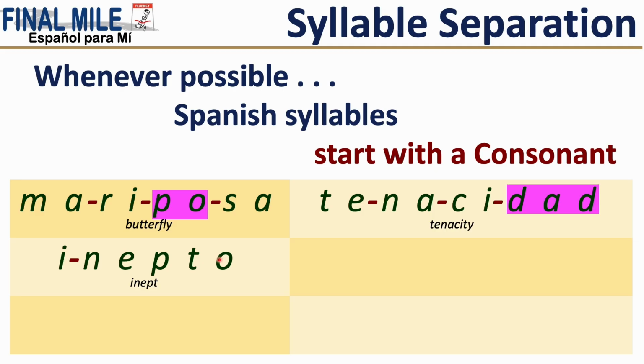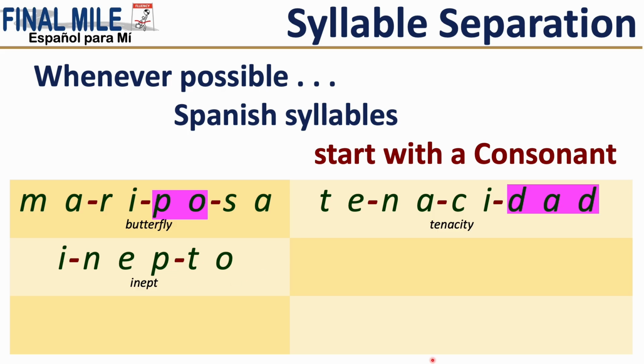So we know that the break is somewhere between the E and the O because they cannot be in the same syllable because they are not adjacent. So we could take the P and give it to the E, and we don't have to worry about starting the next syllable with a vowel because it's a consonant. In fact, that is what we do, and we are going to learn that rule in just a moment.